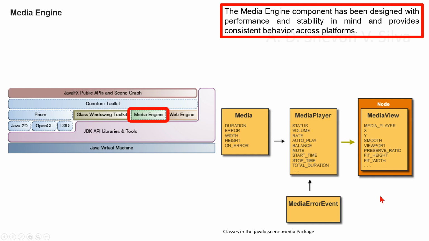The JavaFX media concept is based on the following entities: media, the media resource containing information about the media, such as its source, resolution, and metadata. Media player, the key component providing the controls for playing media.